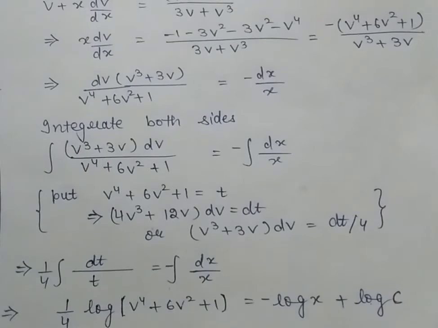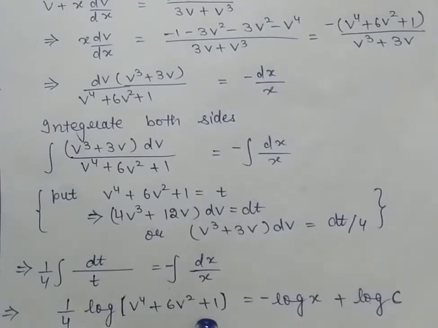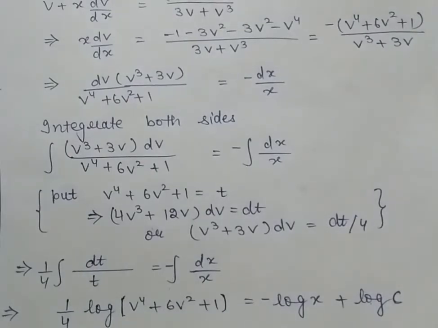Now we can integrate. So this becomes 1 by 4 log (v raised to the power 4 plus 6v square plus 1) equal to minus log x plus log c. This is log t, and in place of t I write its value v raised to the power 4 plus 6v square plus 1. Now what we do? We substitute the value of v, which was y by x.